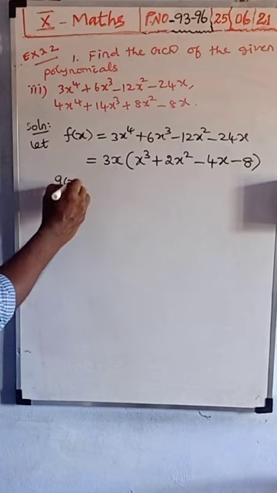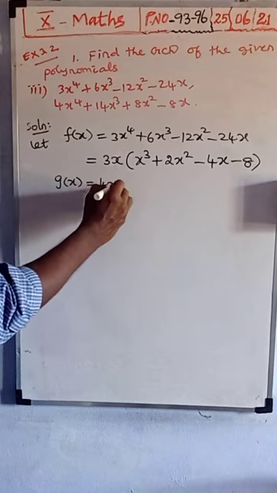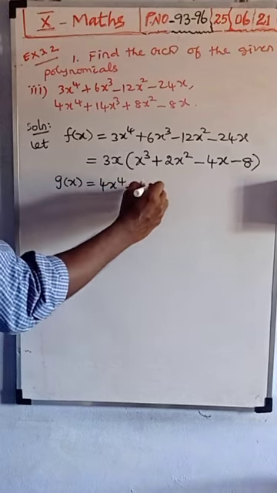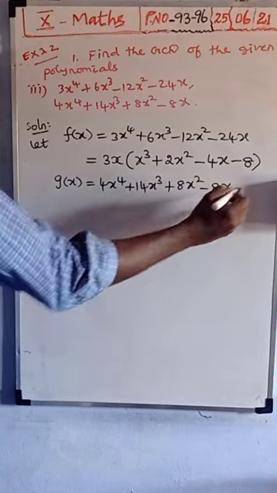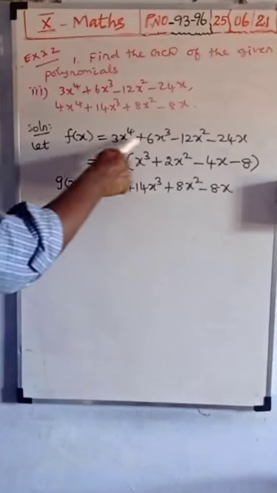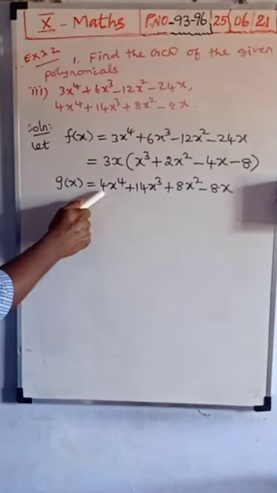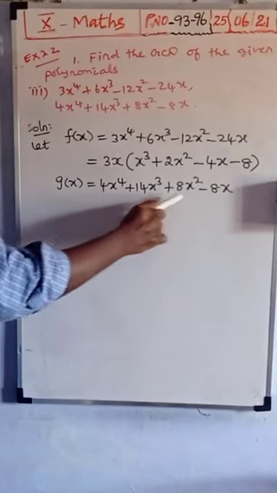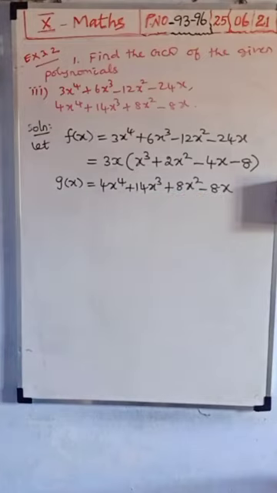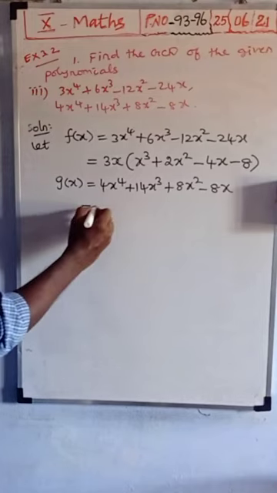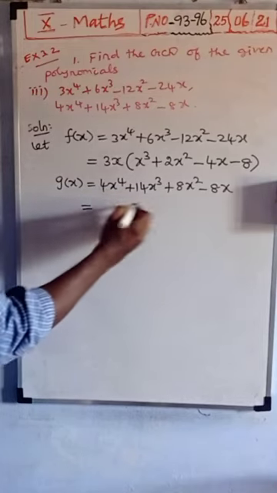Next, g of x is 4x power 4 plus 14x cube plus 8x squared minus 8x. Here, in the 4 table, 8 is possible, 8 is possible, but 14 is not possible. So which table is common among 4, 14, 8, 8? 2 only is common.